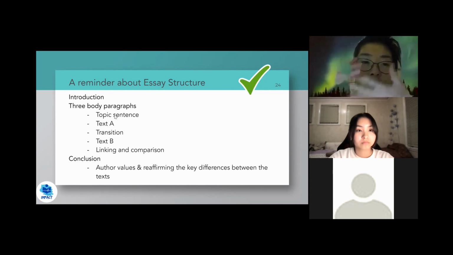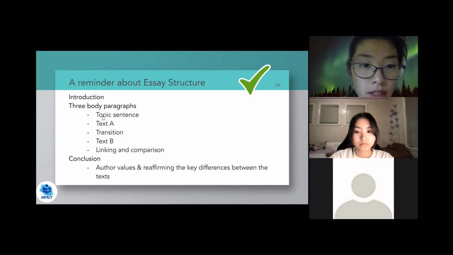It's more just chunking them and separating them. So text A, analyze that, and then have it.